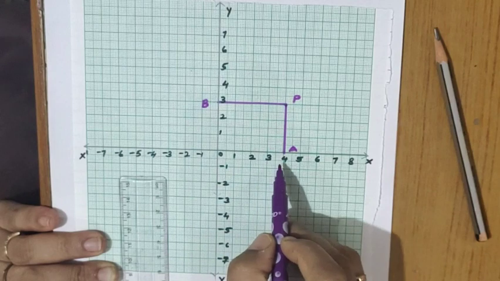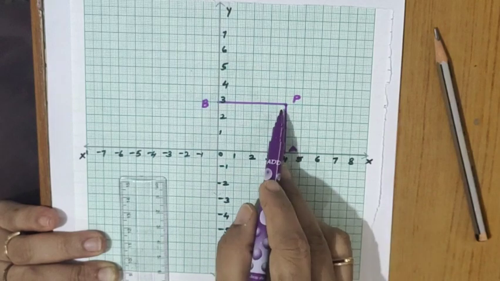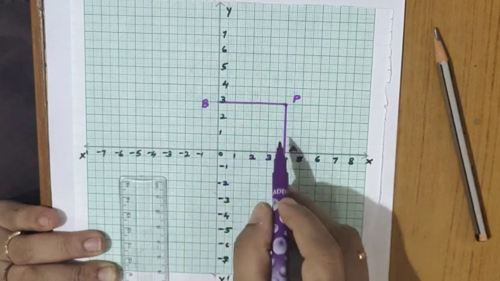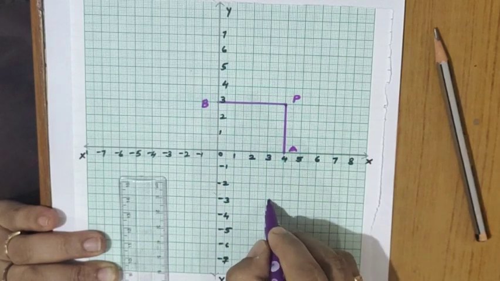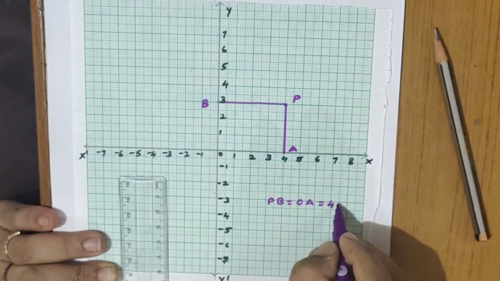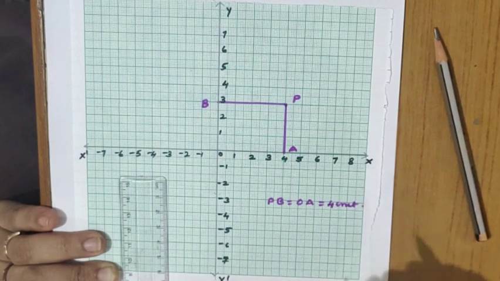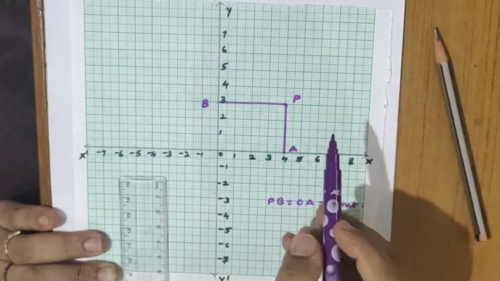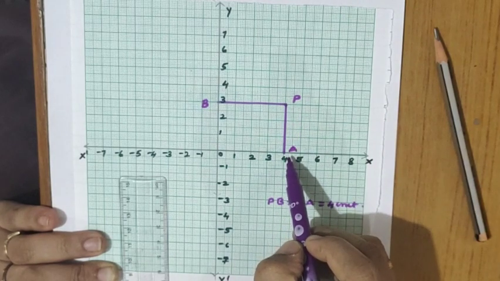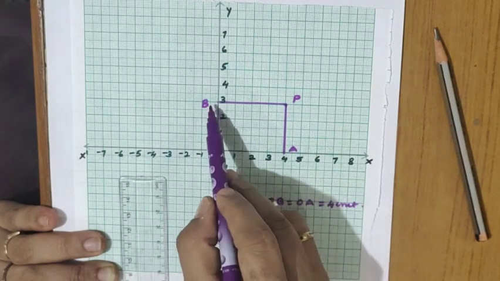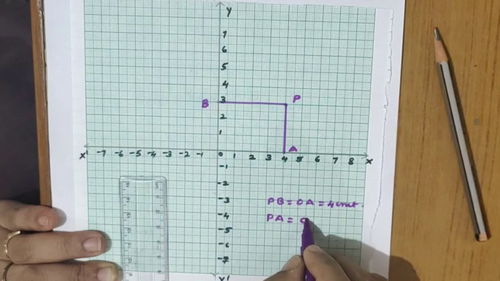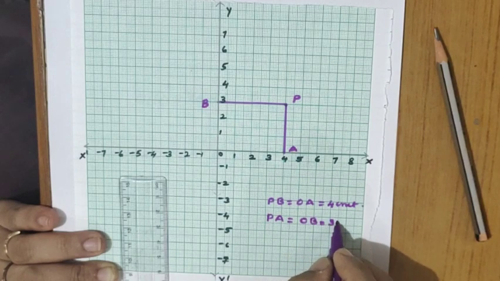So this is called the x coordinate. That is, PB equal to OA equal to 4 unit. Similarly, the perpendicular distance of point P from the x-axis is measured along y only. That means PA equal to OB equal to 3 unit.